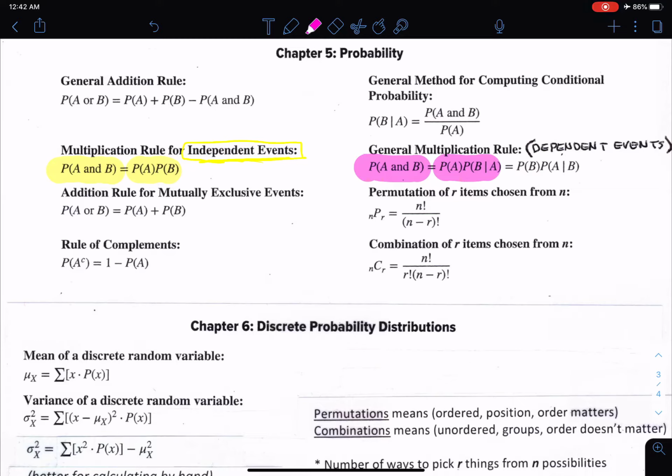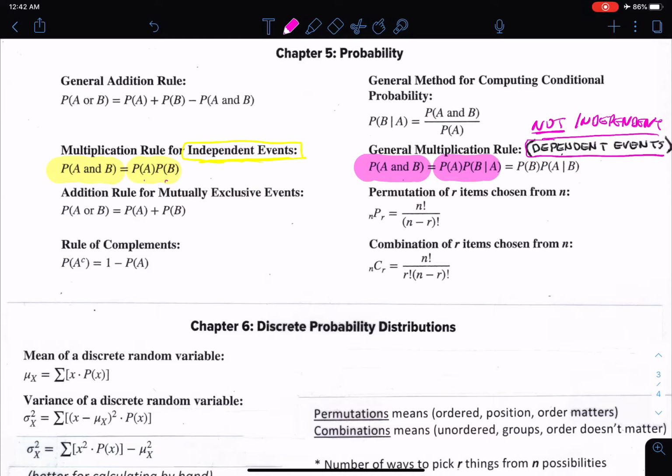This rule is used when the events are dependent, when it's not independent. And when the events are independent, it actually makes the formula easier, and you just multiply the probability of A times the probability of B.